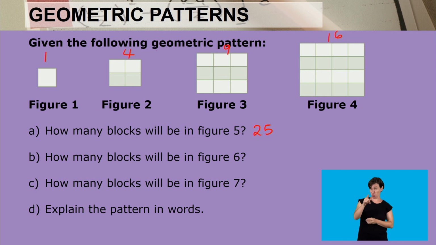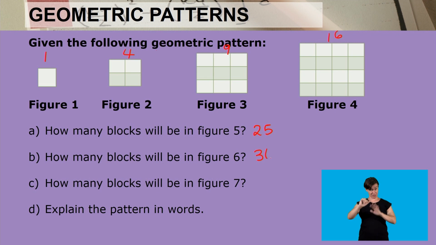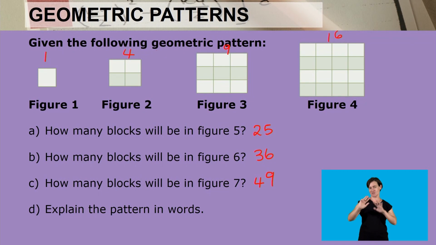Well, if you found the number of blocks in figure 5, you already now have seen the pattern and you know what it is for figure 6. Do you have an answer of 36? Then yes, you are correct. What about the 7th figure? How many do we have there? Yes, it is 49. So how would you explain this pattern in words?